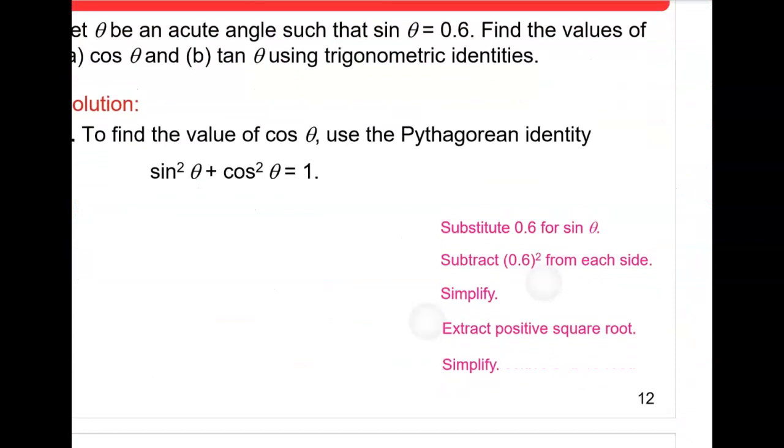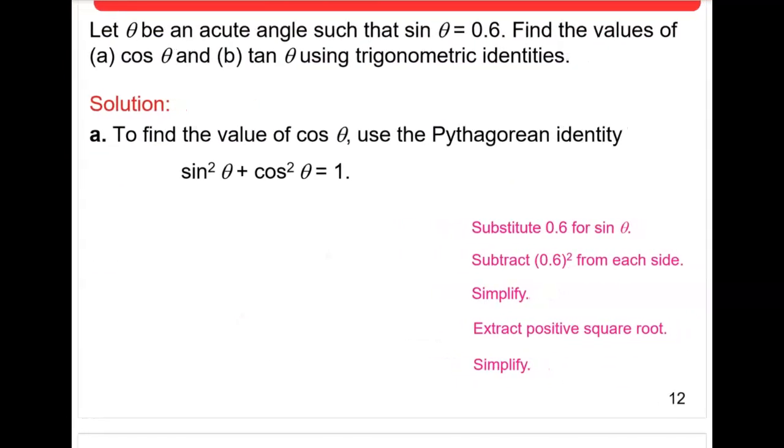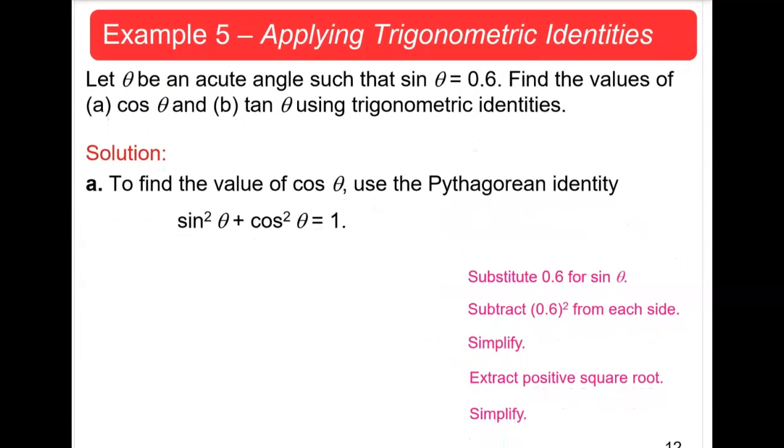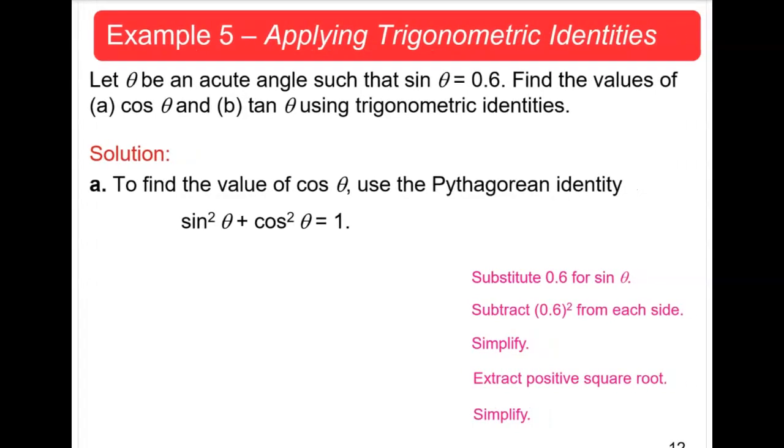So for the next slide, example 5, we're going to apply the trigonometric identities to find what is the value of cosine for part A, cosine, and also for tangent.